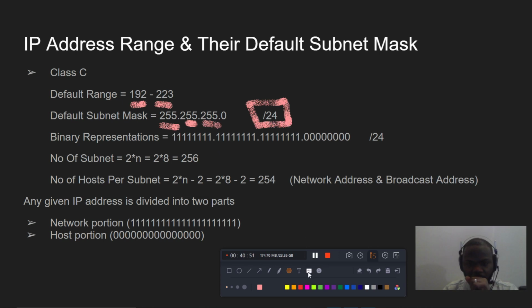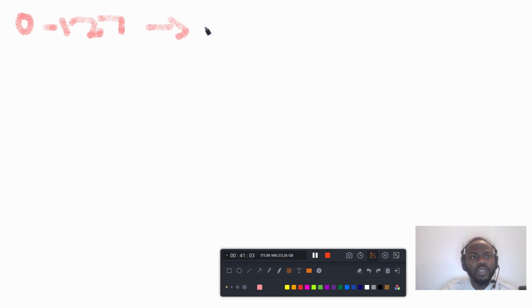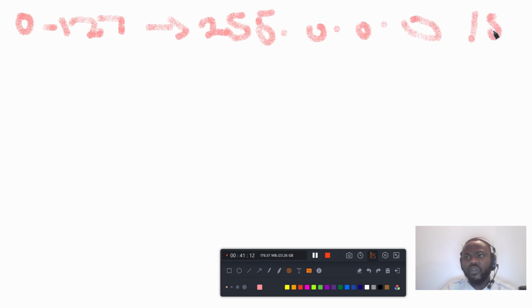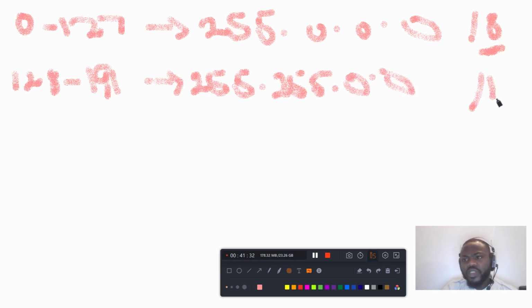Let me go back to my whiteboard now. Remember, class A starts from 0 to 127, and the default subnet mask is 255.0.0.0, and this means that you have 8 ones. Class B starts from 128 to 191, and the mask is 255.255.0.0, which also means that you have 16 ones.